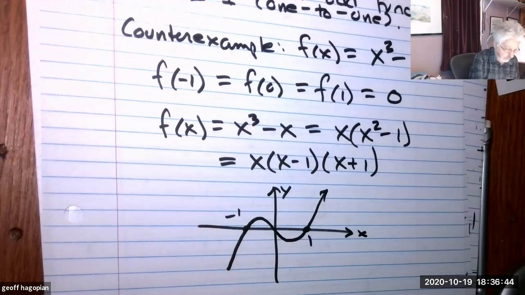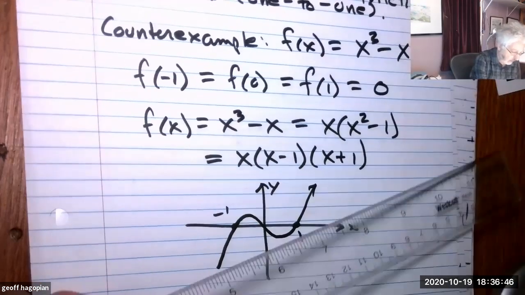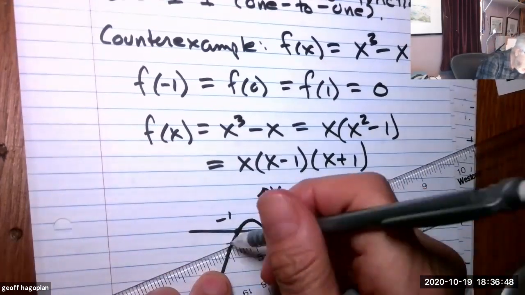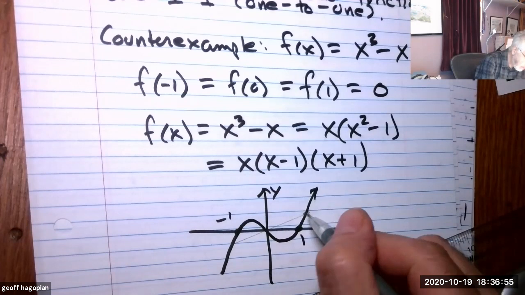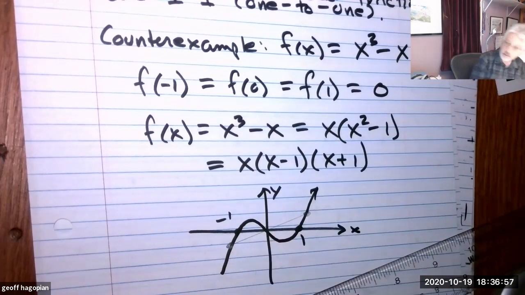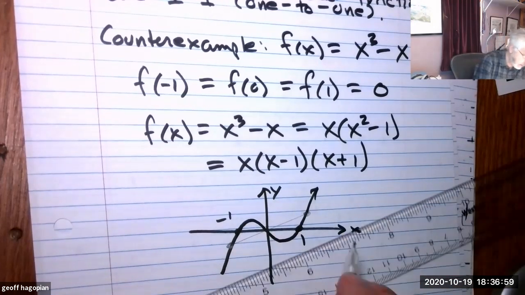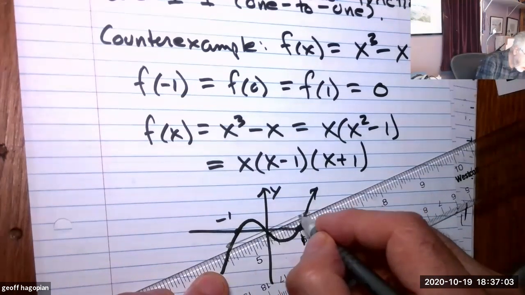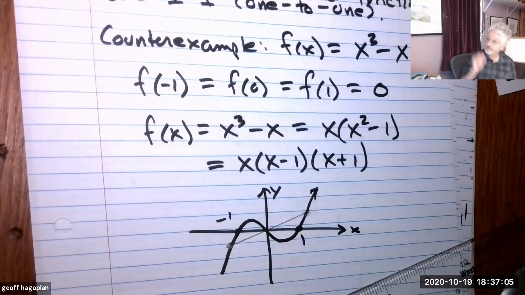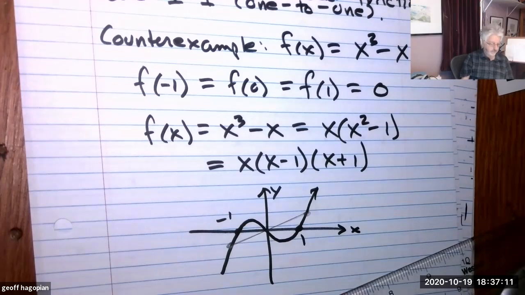If I were to draw a line segment through the origin from a point over here to a point over there, you would see this point is reflected through the origin to that point, right? So it's got origin symmetry. It's an odd function, but it's not 1 to 1.